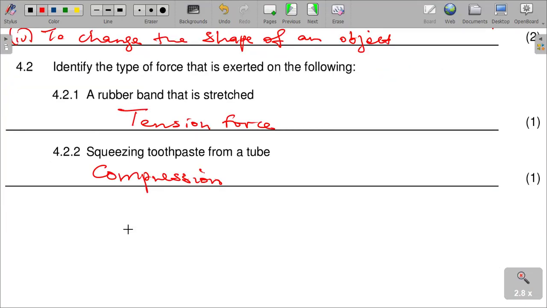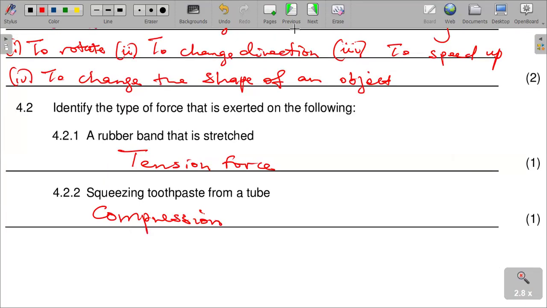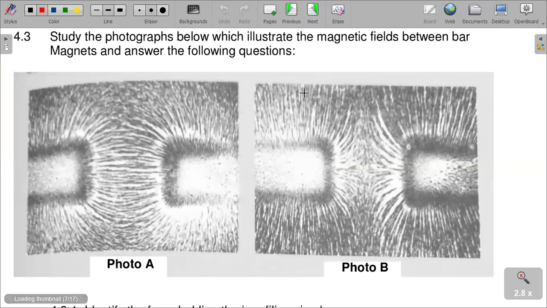I'm sure that we are still together here. And then the next question, 4.3. Study the photographs below which illustrate the magnetic field between bar magnets and answer the following questions. We have photograph A and photograph B, which are given on the board here.